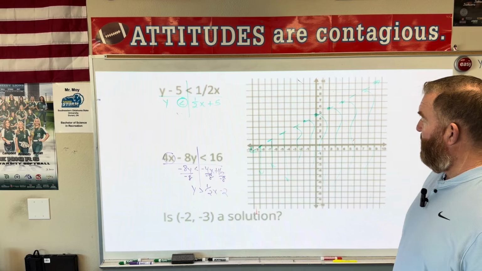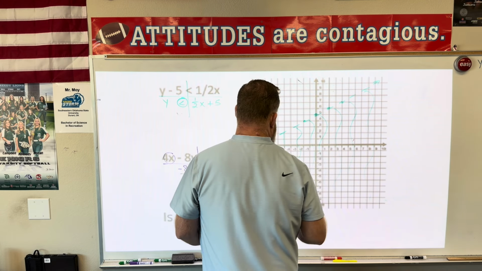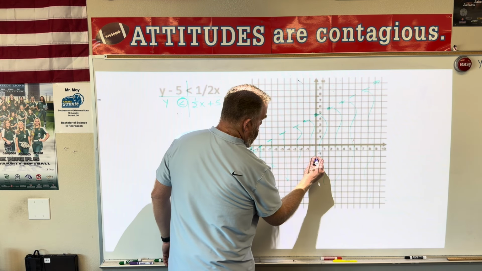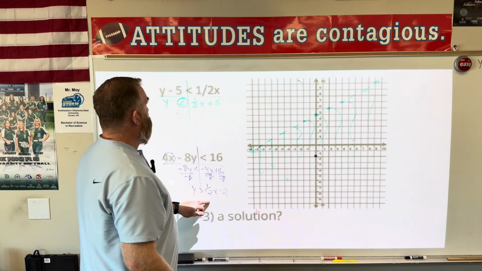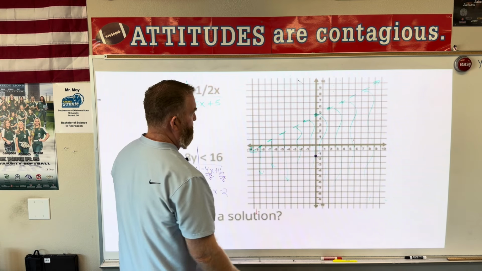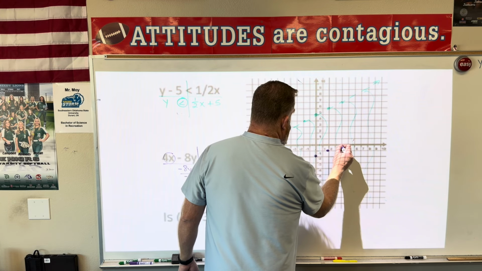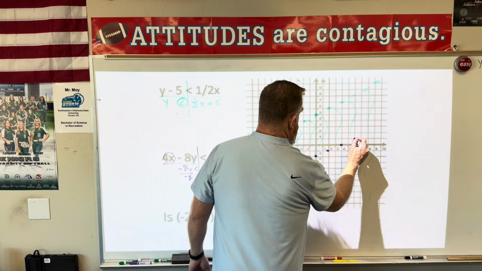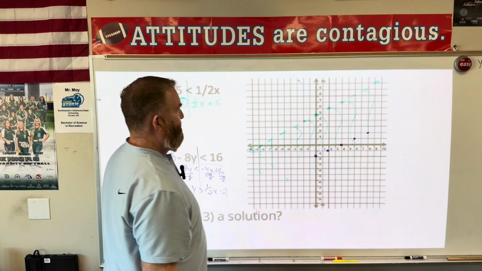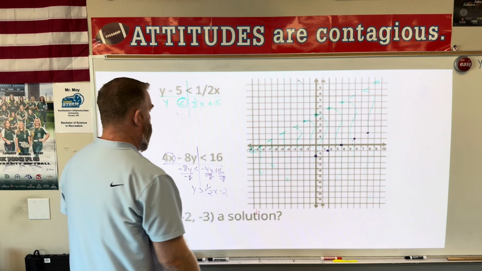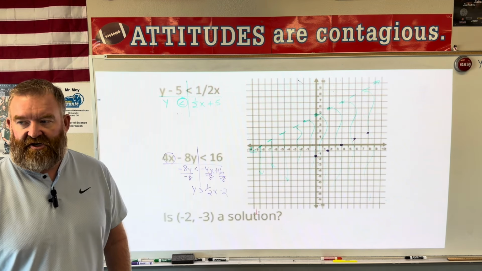Okay. All right, here we go. 1/2 x minus 2. Positive 1/2 x, correct? Now up 1 over 2. What do you notice about these? They're parallel. Does that mean there's no solution?